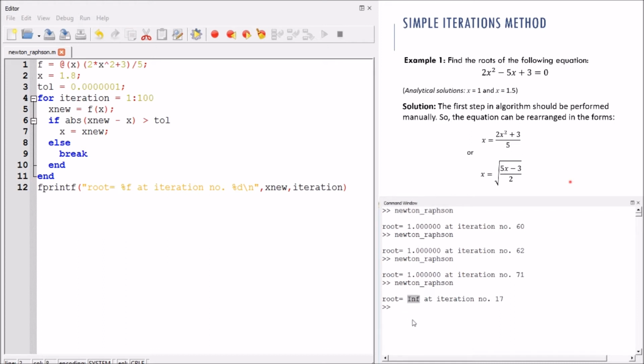So actually the first form of the equation will not give us the required root. So let's change the form here and use this square root, the second form, to see if it will give us the solution, not x minus 3 over 2.